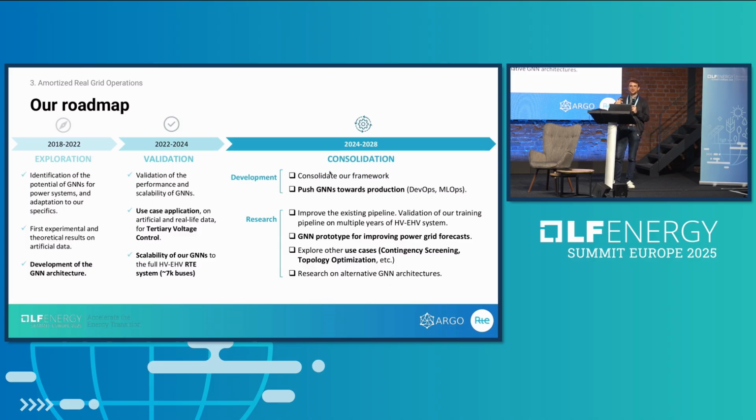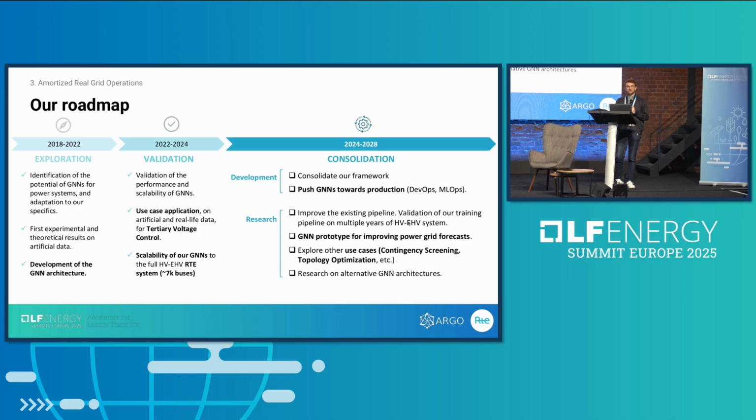So it has become something very different from the research that I was doing when I was in the exploration phase. But still, we want to keep on doing some research because I believe that the kind of neural network architecture that we are using right now are not the definitive version. There are some new ideas coming from the machine learning domain that we need to be able to capture and to incorporate inside our pipeline.